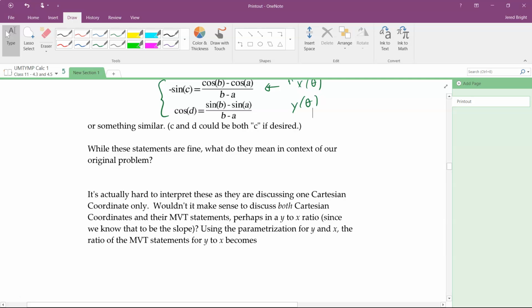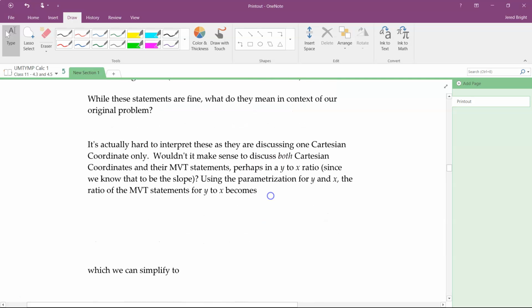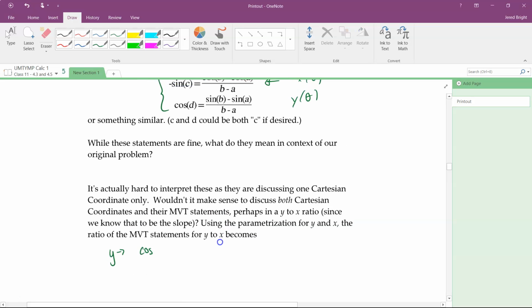So what we could think about is we know that y is cosine, from our work above, of c. I'm just going to use c, because again they could both be c, which is equal to sine of 2 pi minus sine of 0 over 2 pi minus 0, the interval that we chose for theta.